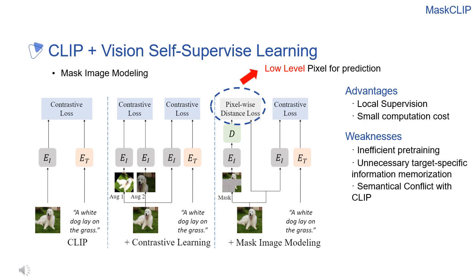However, there are also some weaknesses of this method. As previously analyzed, pixel value is not an efficient prediction target, and it makes the encoder memorize some unnecessary low-level information. It is a conflict with CLIP, which only focuses on high-level semantic information.